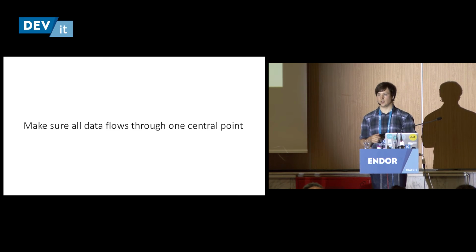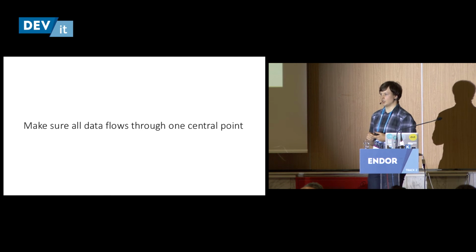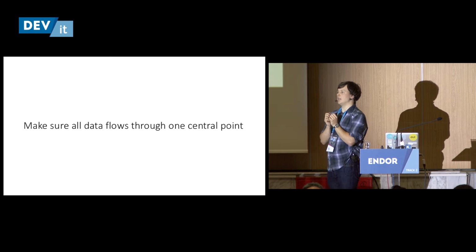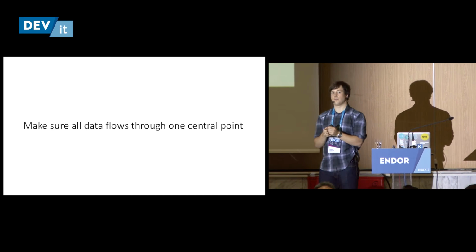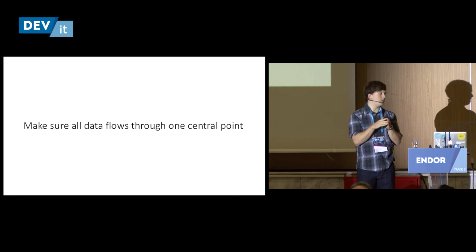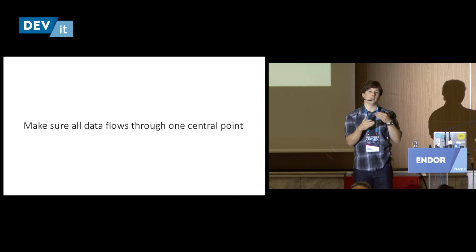So if we are going to fetch our data on the server side, then the key thing to do here is to make sure that all of our data flows through some central point. If there's some central point where all of the requests flow through, then we know that we can intercept the requests at that point.